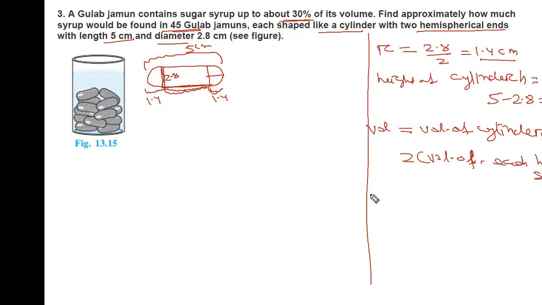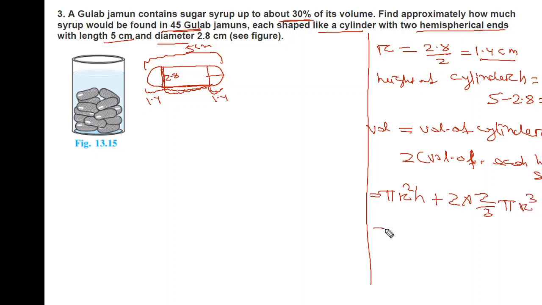Okay, which will be equal to, here volume of the cylinder, you know the formula, pi r square h plus 2 into volume of hemisphere. Volume of hemisphere, you know formula, 2 by 3 pi r cube.